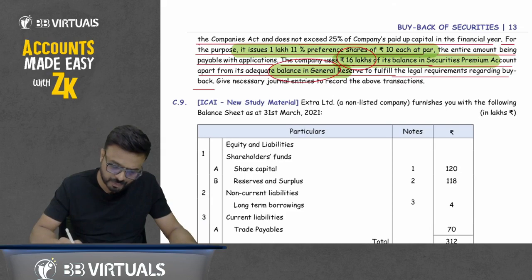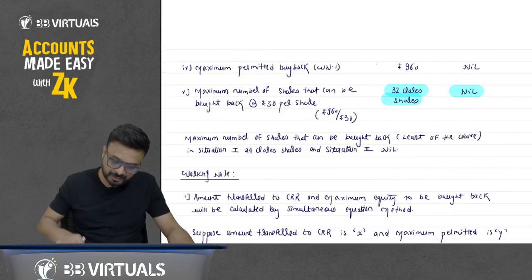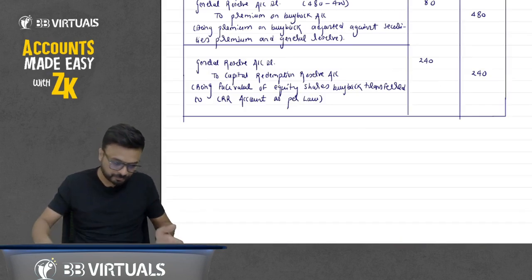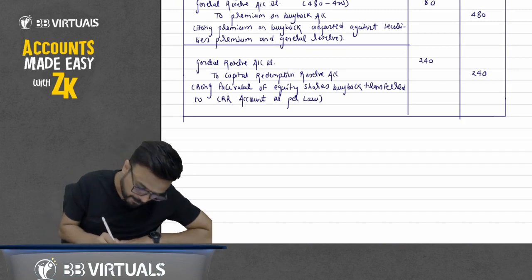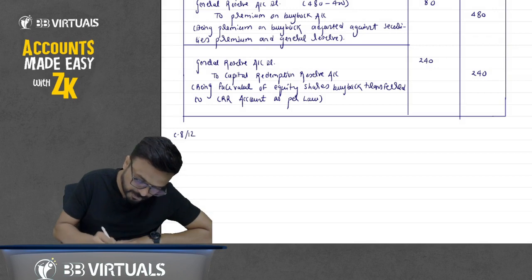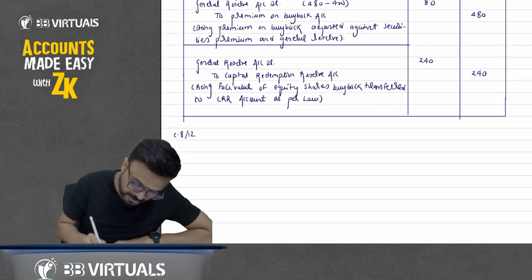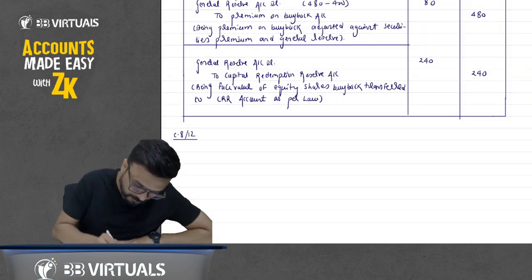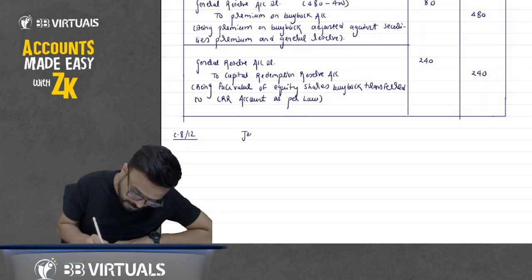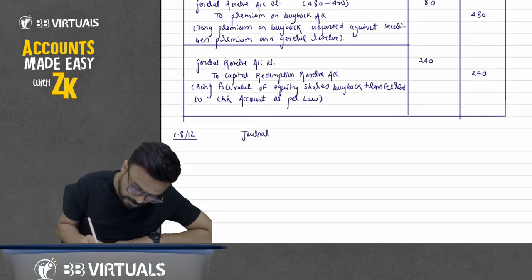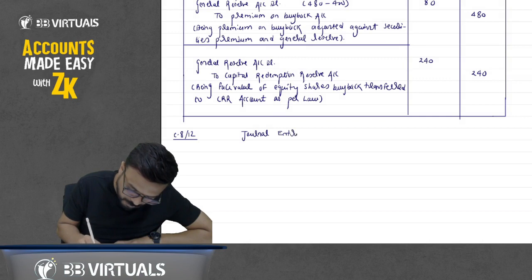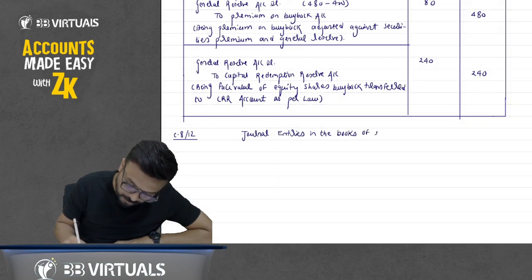So, very simple question. Now give the heading here, question number 8, page number 12. So here write down journal entries in the books of Umesh Limited.